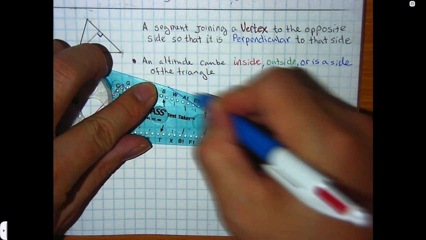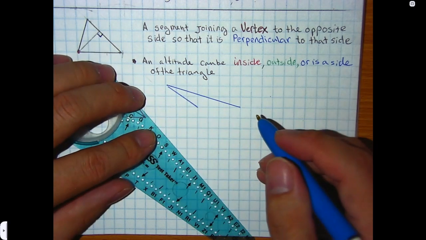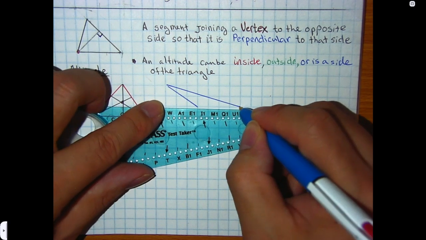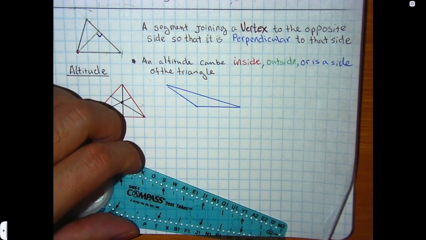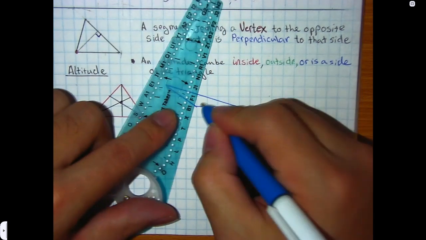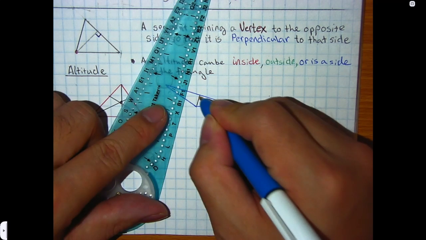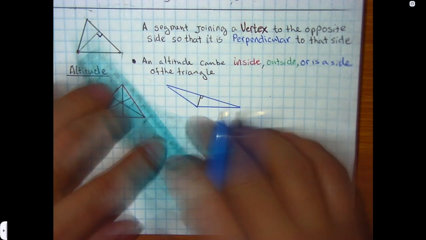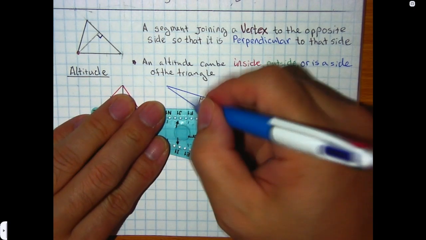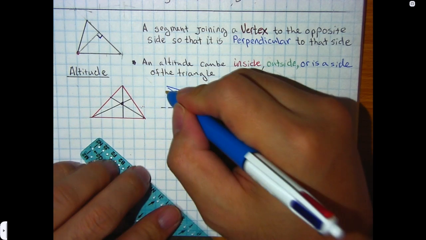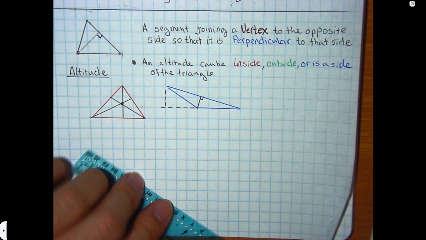Now because it is obtuse, only two sides will be outside. So let's make this one. We're going to extend this side and go straight down. So this will be our altitude.